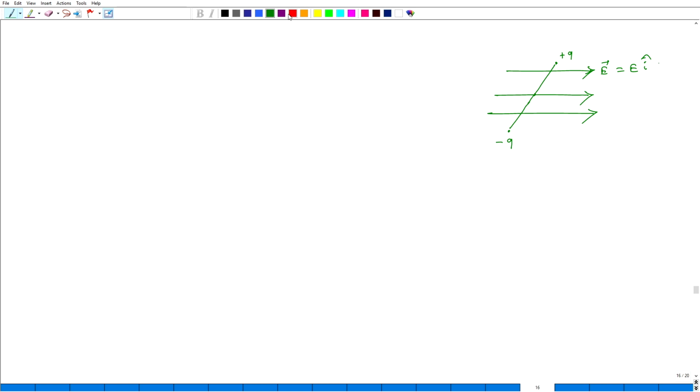This one is the origin, and the plus q charge is at distance vector r plus from the origin, and the minus q charge is at r minus vector from the origin. This is j cap.